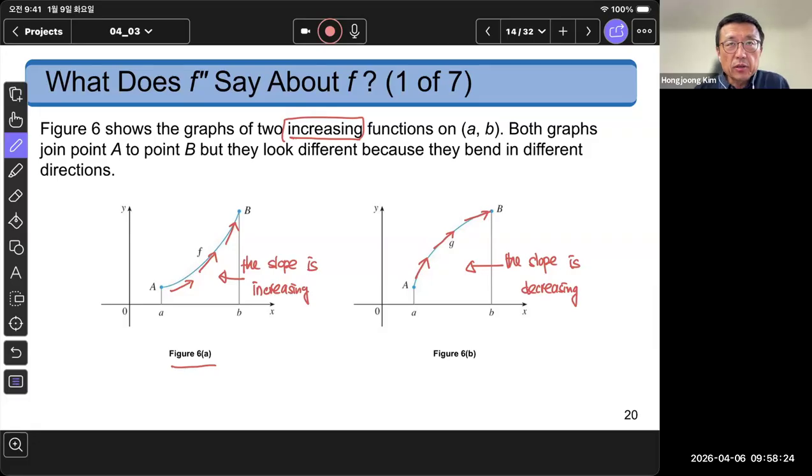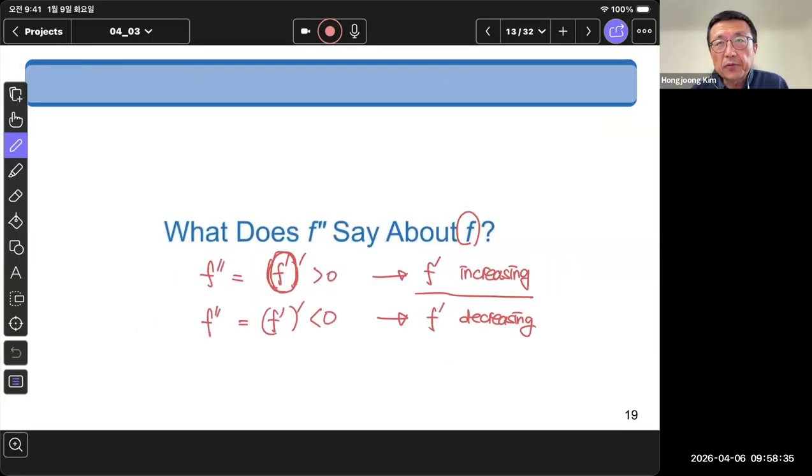In 6a, the slope, in other words f prime, is increasing. That means, as I said here, if f prime is increasing, then f double prime is positive. If f prime is decreasing, then f double prime is negative.